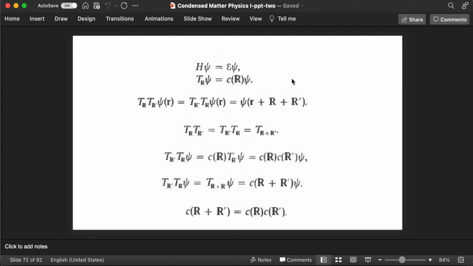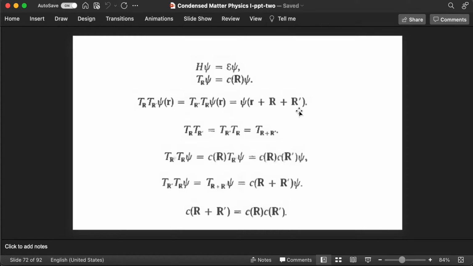Now let's look at the properties of this operator T_R. If I do successive operations, first T_R prime and then T_R, I will get psi of r plus two Bravais lattice vectors, capital R and capital R prime. But the order of operation doesn't matter. I can operate first with T_R, then T_R prime, and vice versa.